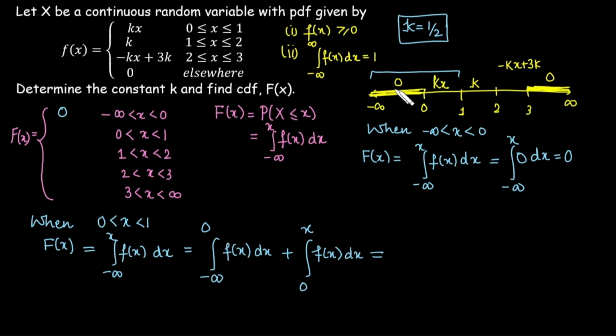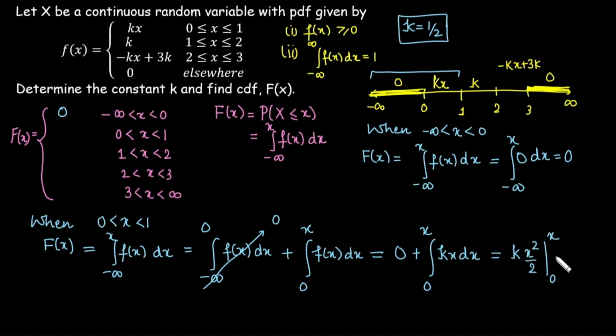फंक्शन की वैल्यू क्या है? 0. इट मीन्स इंटीग्रेशन ऑफ 0 इज 0. वी आर गेटिंग हियर वैल्यू एज 0 प्लस 0 टू x. फंक्शन क्या है इस रेंज में, क्योंकि अब x कहाँ तक जा सकता है? 1 तक. तो इस रेंज में फंक्शन की वैल्यू क्या है? दैट इज k of x dx. सो दिस इज इक्वल टू k of x square by 2. लिमिट्स आर 0 टू x.